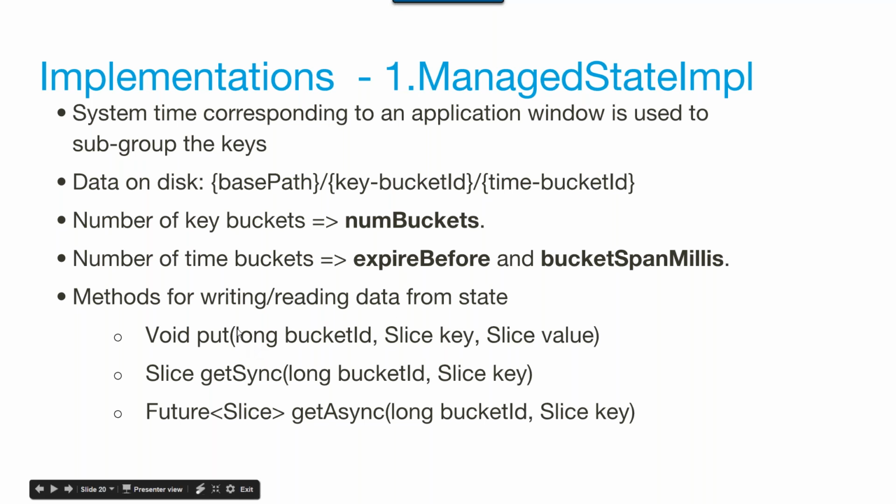As you see, we don't pass any time field here. Only the bucket ID, which is the key bucket ID, so we need to pass the key bucket ID, key and value. For fetching, we need to pass the bucket ID and the key. We also have an asynchronous method for fetching.